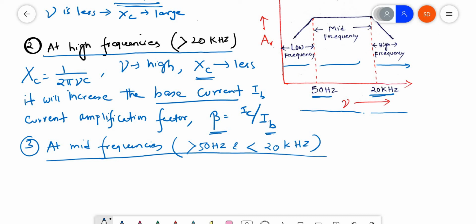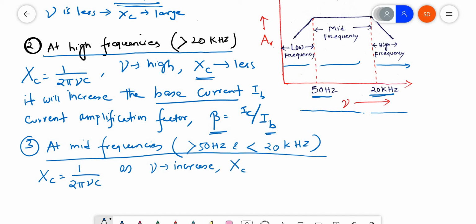So in this mid frequency range, what will happen? We know that as the frequency increases, always remember this formula: Xc is equal to 1 by 2 pi nu c, and this is the reactance offered by the coupling capacitor.